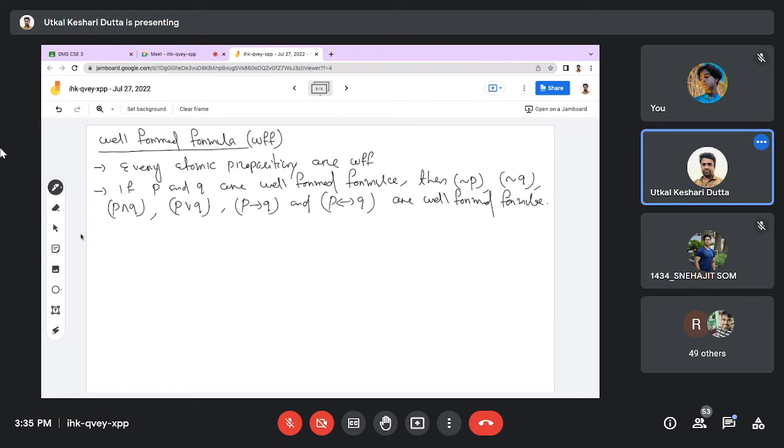Okay. See some examples. The proposition P conjunction Q, bracket, disjunction R: is it a well-formed formula or not?